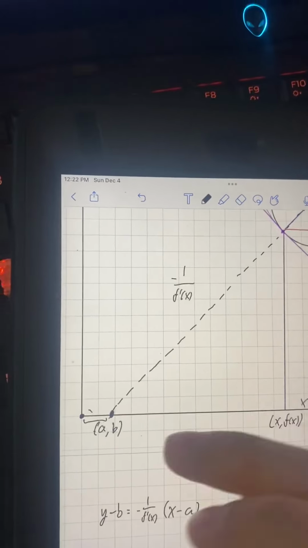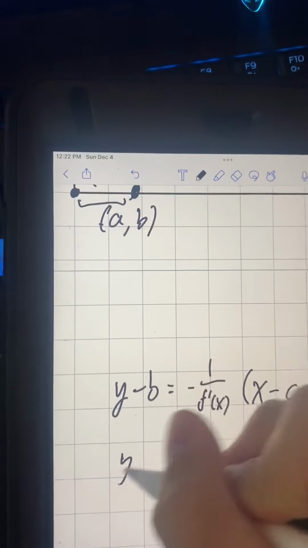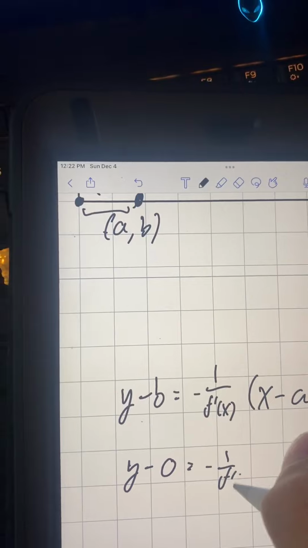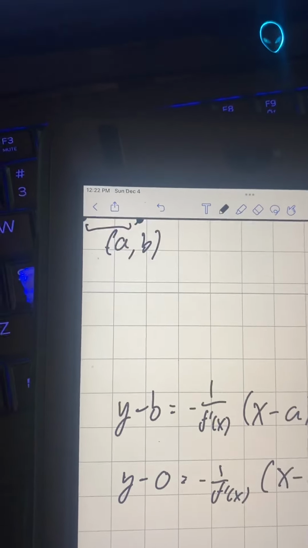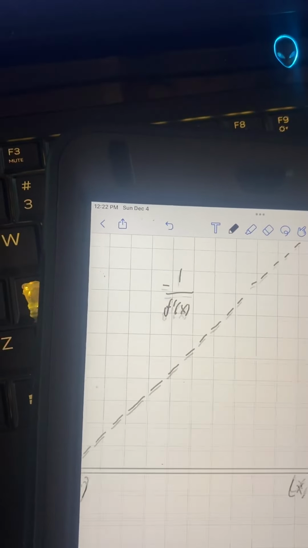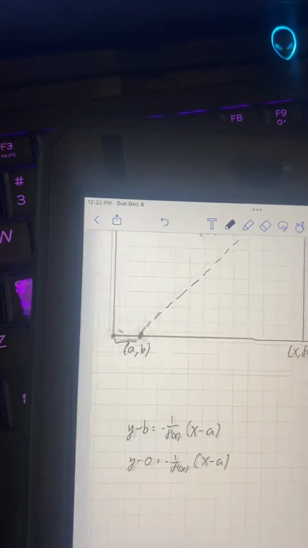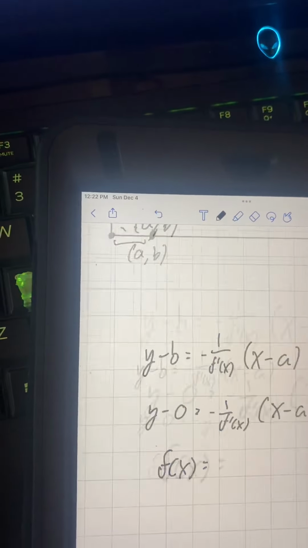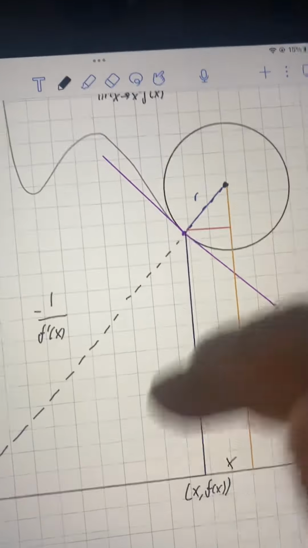So what you'll do is you'll set this b equal to 0 so that your y is 0. And you have y minus 0 is equal to -1 over f prime of x times x minus a. And since we know this point, right, well, we can just plug that in, right? Y and x. So you have f of x is equal to, and I'm talking about this f of x with respect to where you're connecting it.